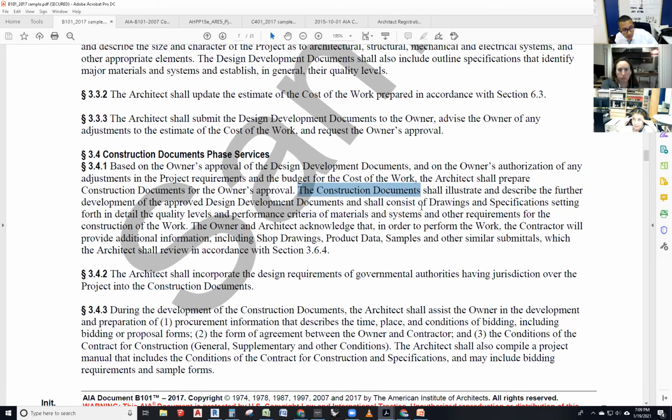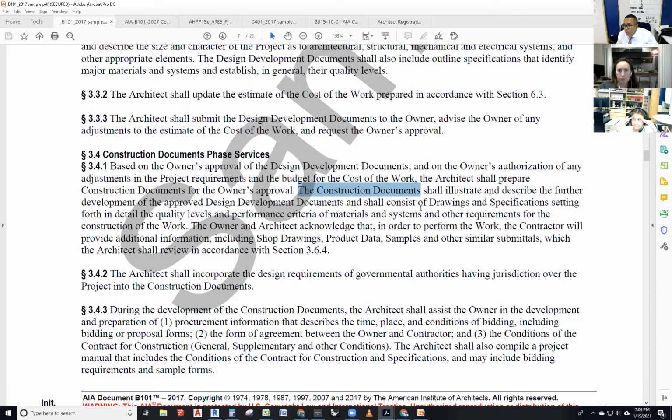The owner and architect acknowledge that in order to perform the work, the contractor will provide additional information, including shop drawings, product data, samples, and other similar submittals, which the architect shall review in accordance with section 3.6.4. Right?